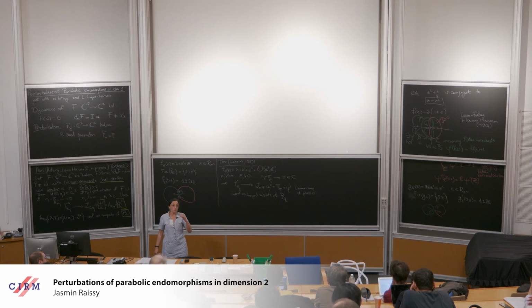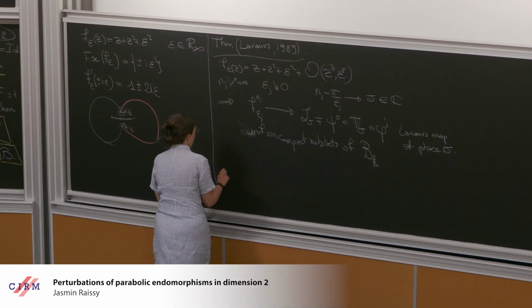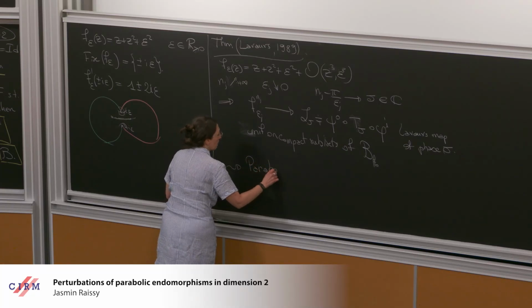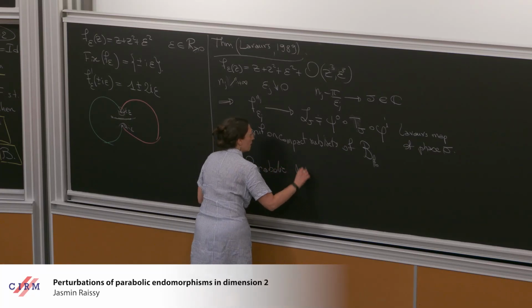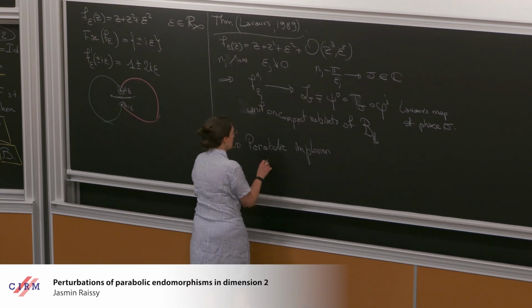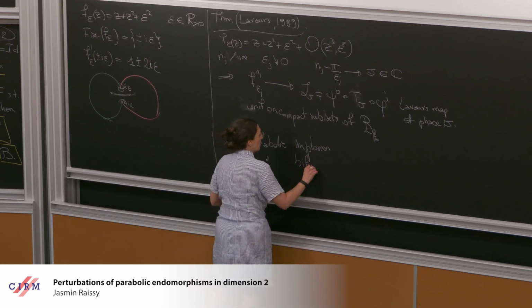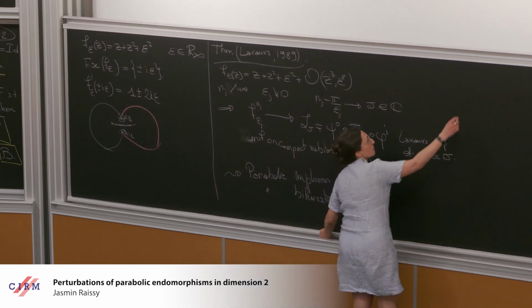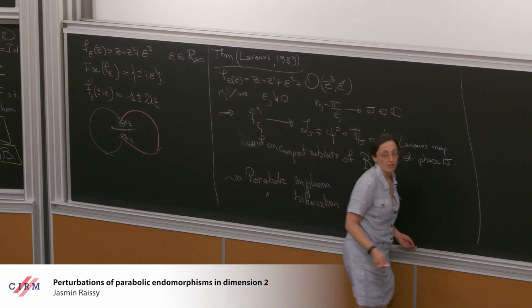All right, so what do you use this for? This is what's usually called parabolic implosion, or parabolic bifurcation. And it has been used extensively to prove other results.